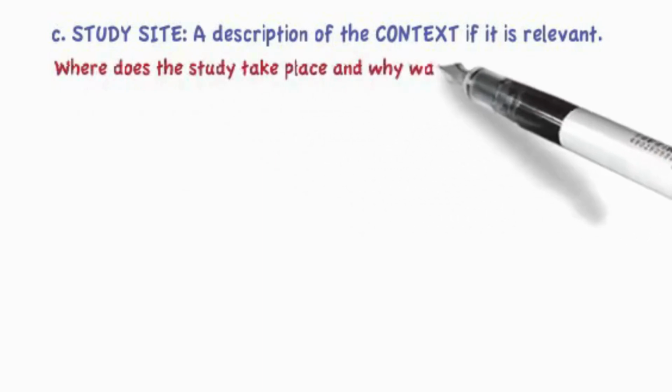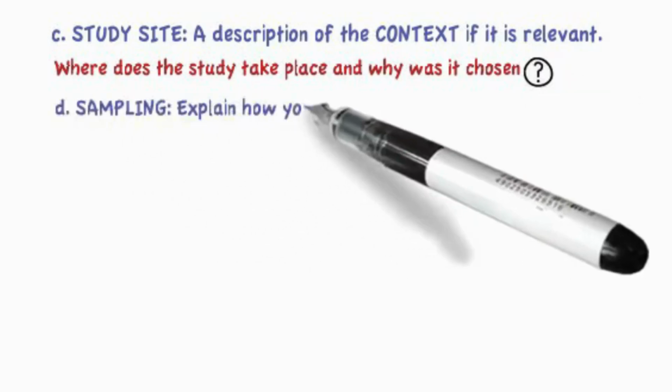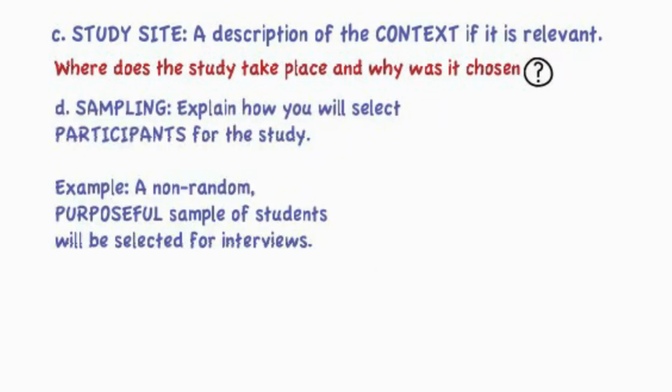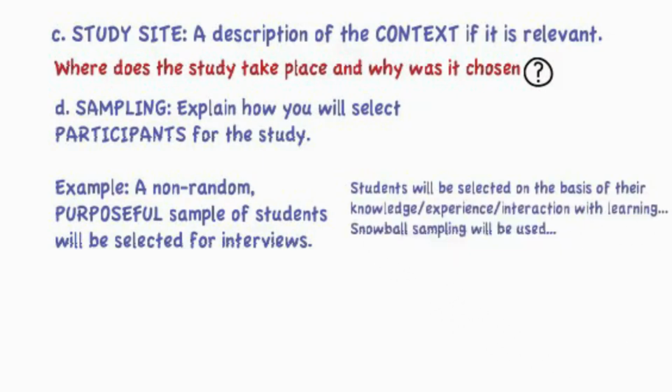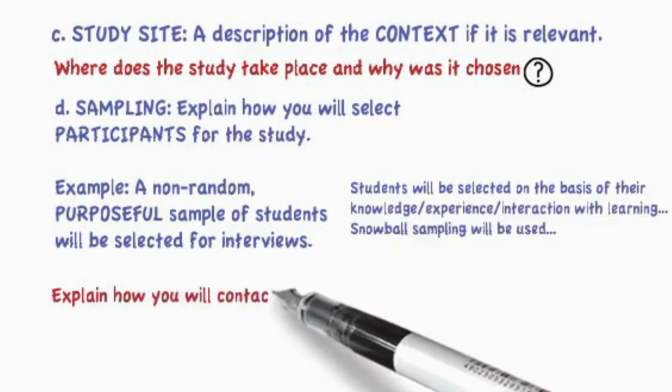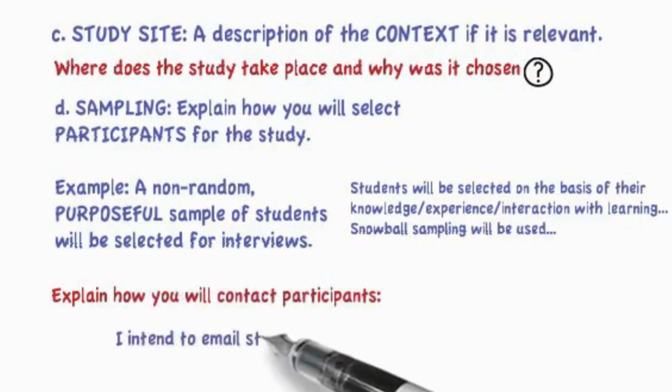So within the research design, you would also describe the study site, which is the context of the research. Where does this study take place and why was it chosen? You would also describe the sampling. So which participants have you chosen? Why? How did you go about selecting them? And again, you need to justify it. So a non-random purposeful sample of students will be selected because. Explain how you will contact participants in a step-by-step way.